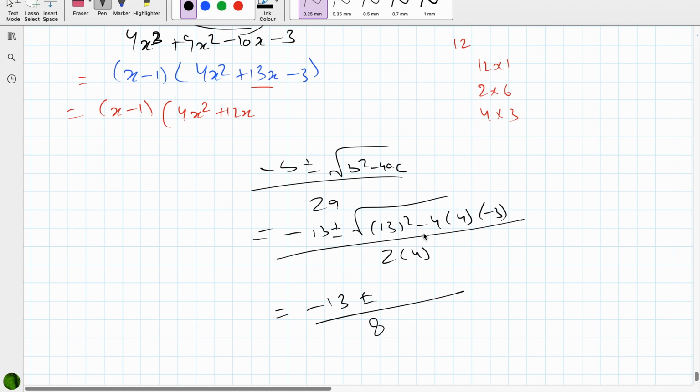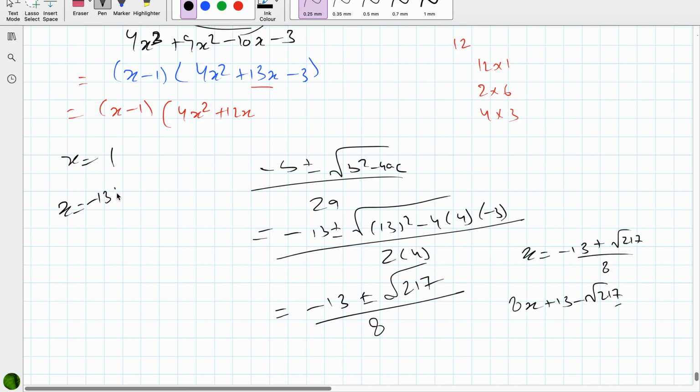Can you please confirm if we have the same answer? So x is equal to 1 and x is equal to negative 13 plus square root 217 over 8 and x is equal to negative 13 minus square root 217 over 8. These are the three values.